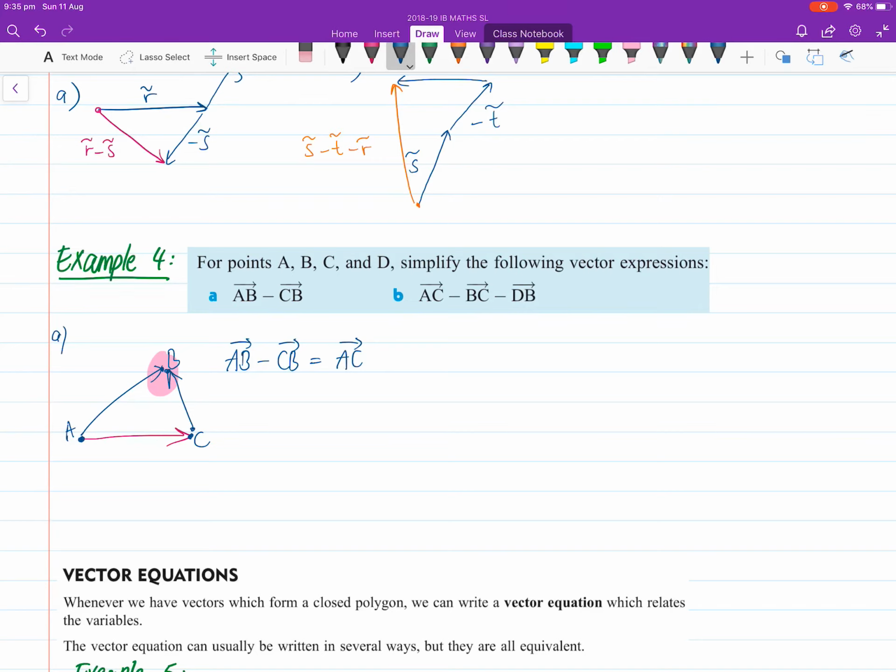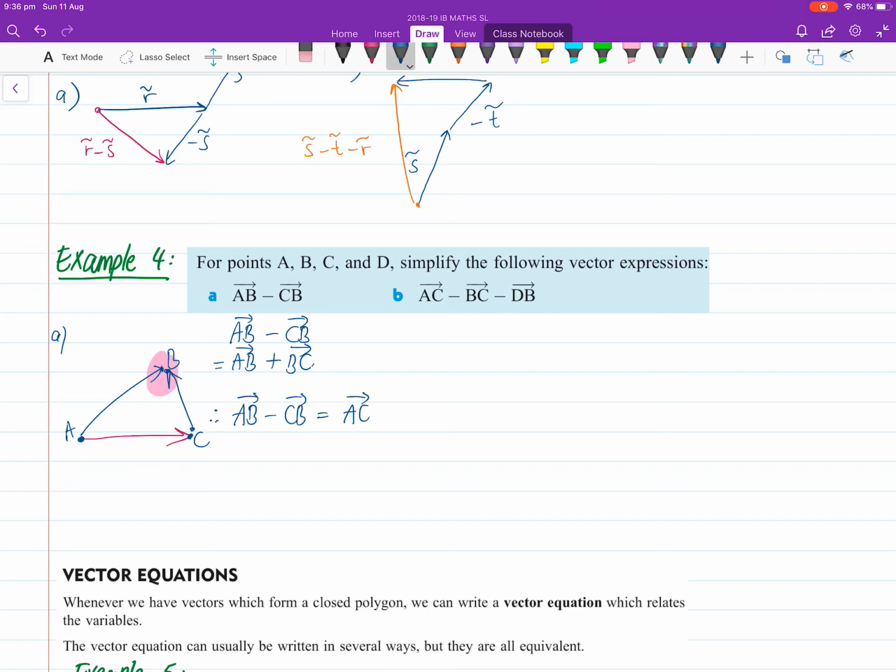So you do need a lot of visualization skills here. You need to be able to see what you're doing and use your imagination a little bit. If it helps, we can do the working out as vector AB minus CB is the same as AB plus BC, if it was going from B to C, but we have to reverse the BC.